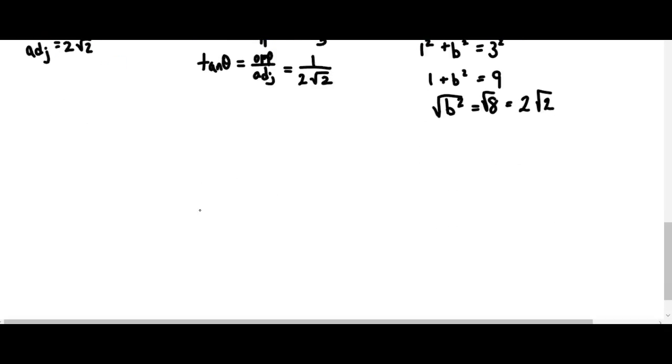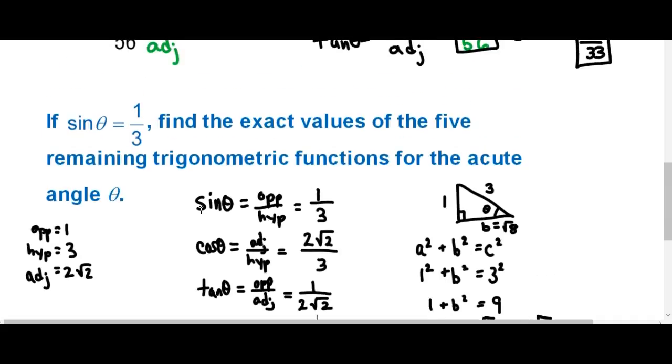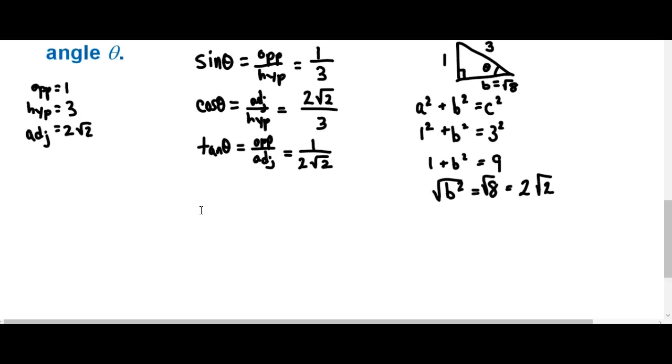But I don't really like to have radicals on the bottom of my fraction. So what I'm going to do is rationalize that by multiplying the top and the bottom by square root of 2, causing the square roots to cancel out, which gives me square root of 2 over 2 times 2, which is 4.